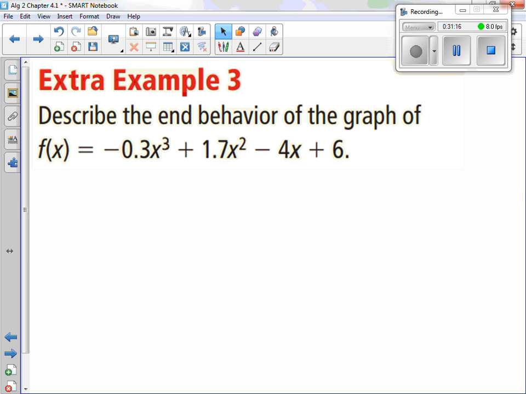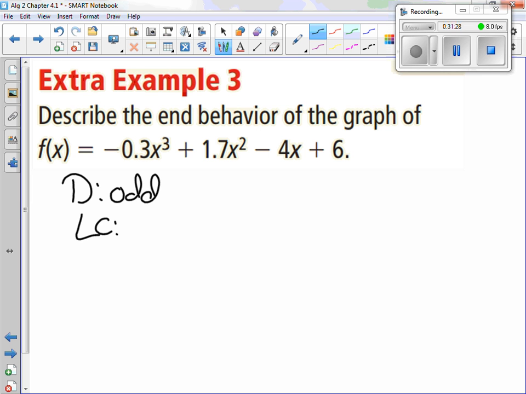So let's look at this one here. What is the degree? Odd, because its highest exponent is 3. The leading coefficient? Negative, because it's negative 0.3. Yes? So I look at my chart. I'm looking for odd negative.